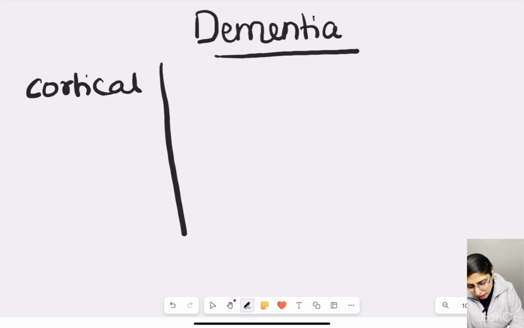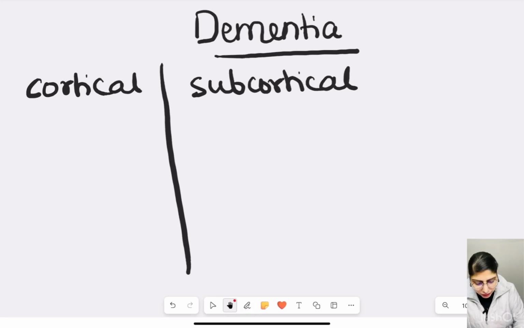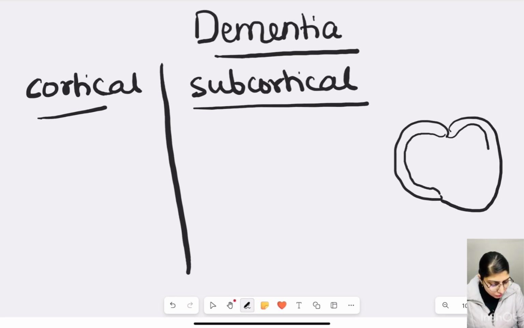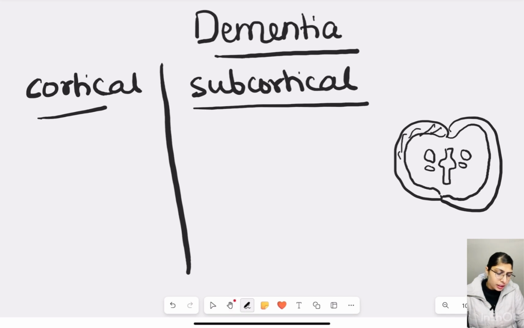All right, so you are asked about cortical versus subcortical dementia. Now, cortical dementia, as the word suggests, cortical means cortex involvement. So, if this is an axial section of the brain, the gray matter is the outer part, and then in the inner part we have the white matter, and then we have the nuclei like basal ganglia. These are the deep nuclei, and we have the ventricular structures, right?